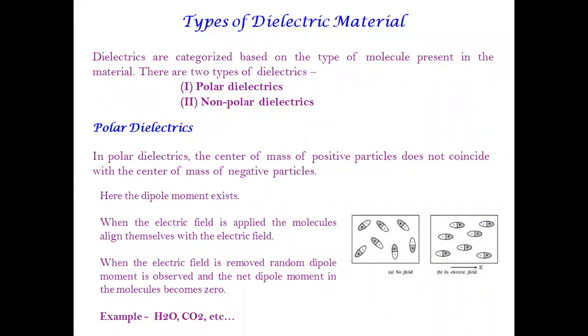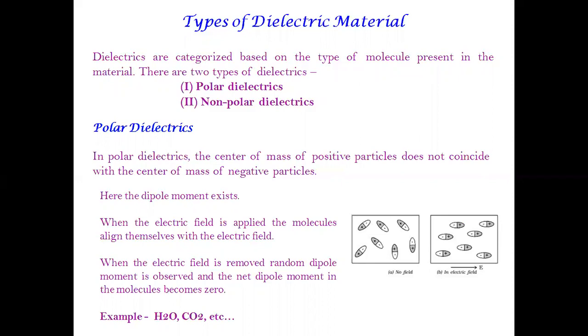Now we discuss the types of dielectric materials. There are two types: one is polar dielectric and the other is non-polar dielectric. In a polar dielectric, the center of mass of positive particles does not coincide with the center of mass of negative particles.